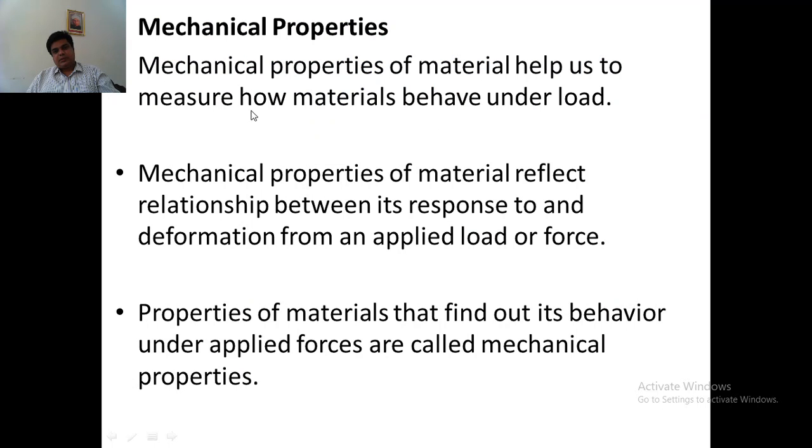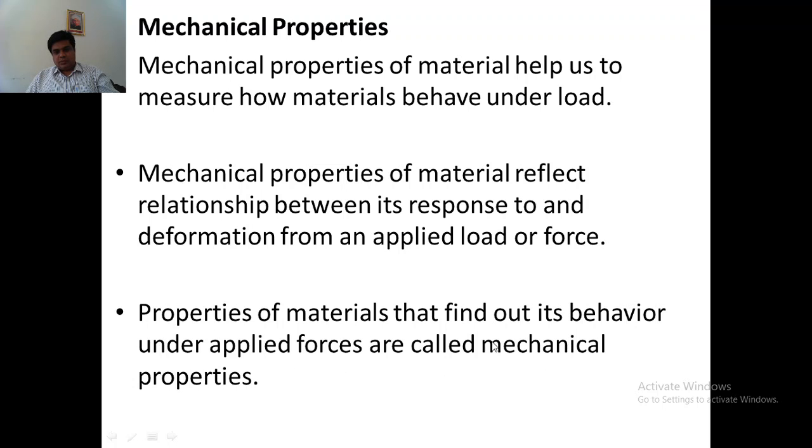From those properties we can understand how materials behave when load or force is applied, the relationship between the response, that is how the material reacts to the load or forces, and also how the material deforms, changing shape when the load is applied.